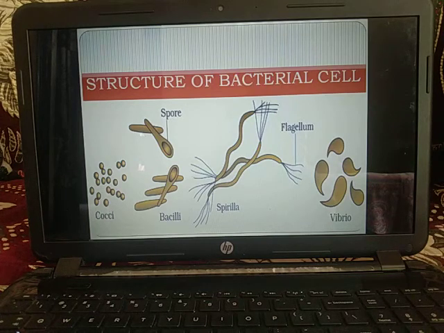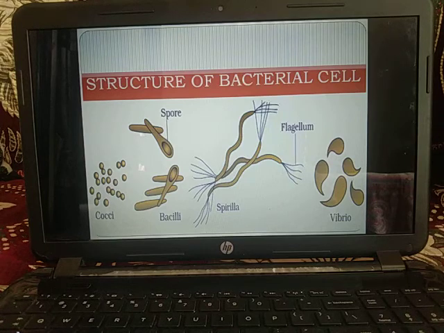The various forms of flagellation are: Atrichous, where flagella are absent. Monotrichous, where a single flagellum occurs at or near one end of the bacterium. Amphitrichous, with flagella at each of the two ends.